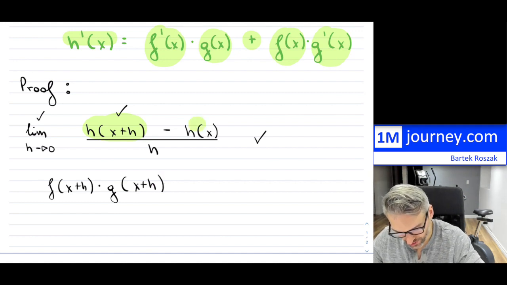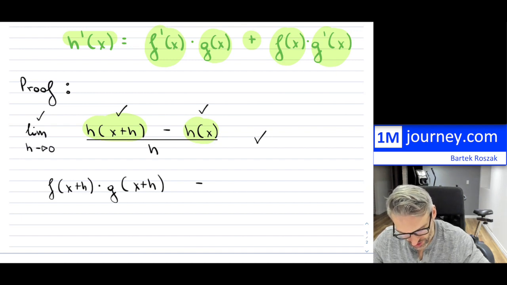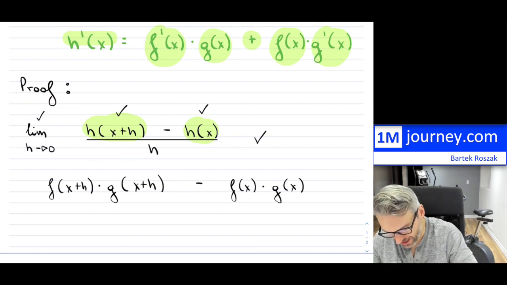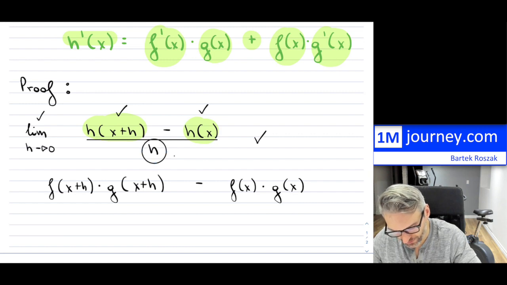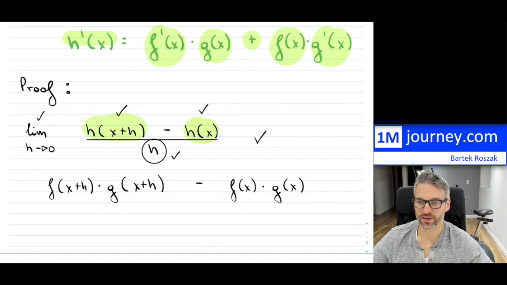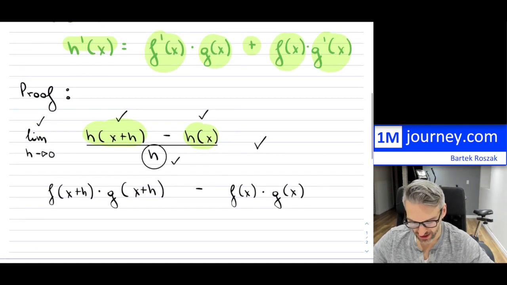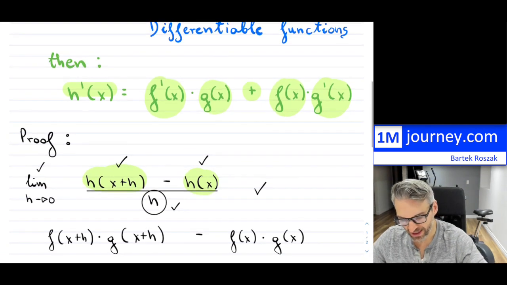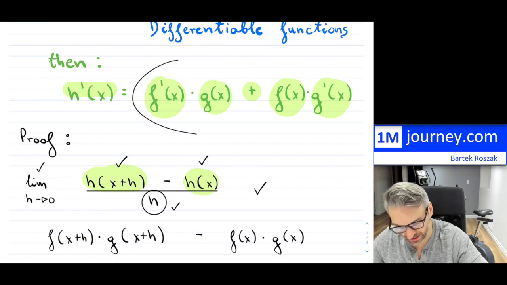Now I'm going to subtract the h of x, which is simply the multiplication of the two functions, f and g. My h in the denominator is going to stay there. I'm going to drop it for just a moment in this proof because I want to concentrate on the numerator.